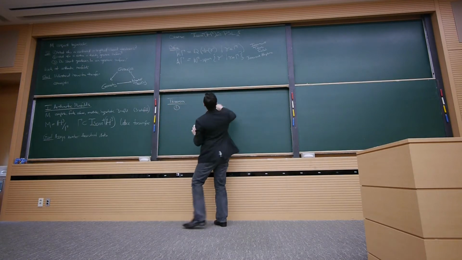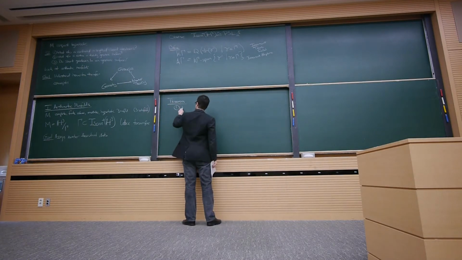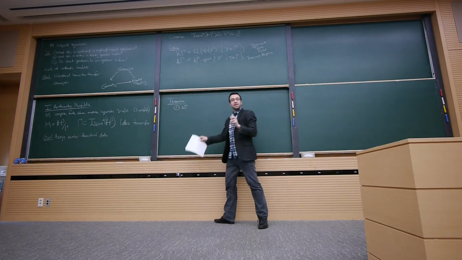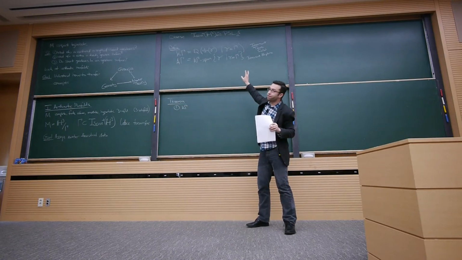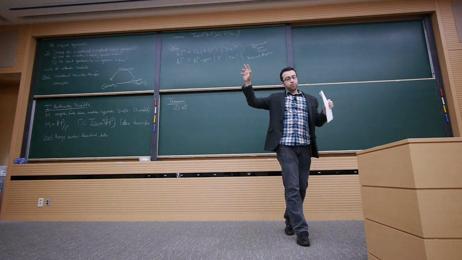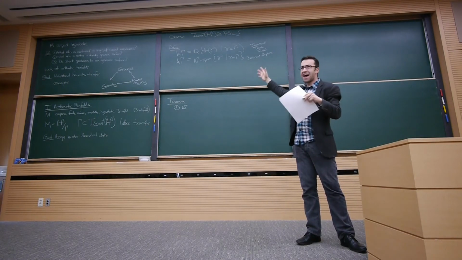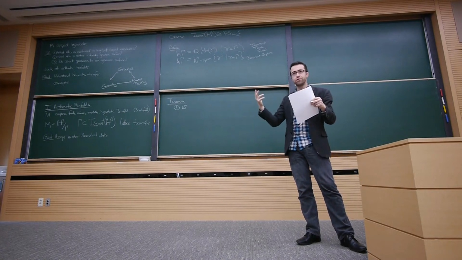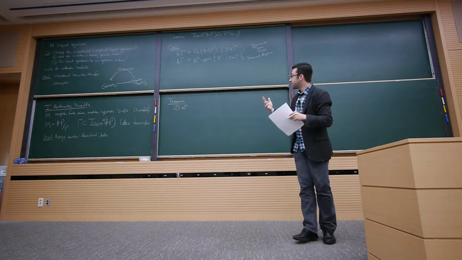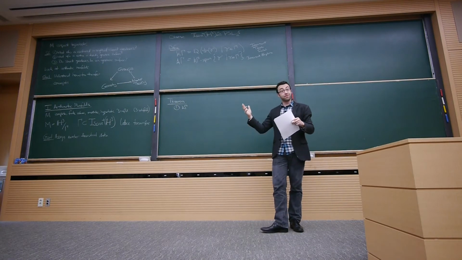So first of all, the trace field, it's sort of clear that field is going to be finitely generated over Q, because it's a lattice, it's a finitely presented group. So it should be finitely generated, but it's not clear that it's a number field, but in fact it is.